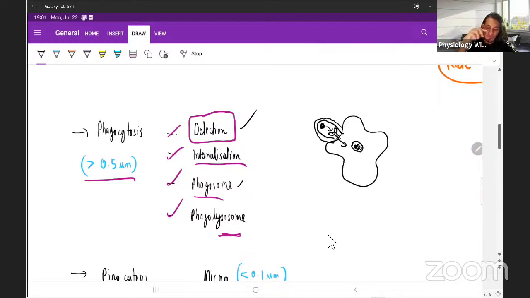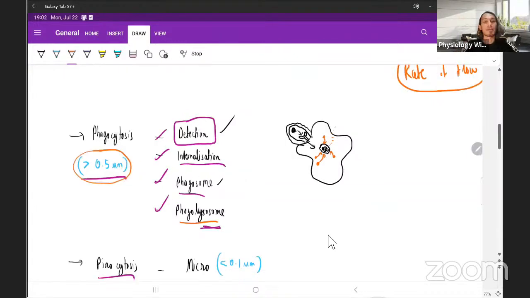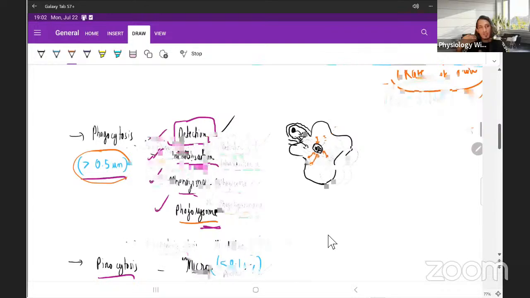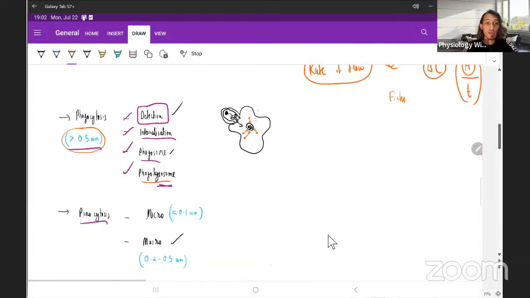Once this is done, the lysosomes will degranulate into this to form the phagolysosome and destroy it, and parts of it can later bud off. This is phagocytosis. One main thing is that the object must be more than 0.5 micrometer. Now we'll talk about the various methods of endocytosis.